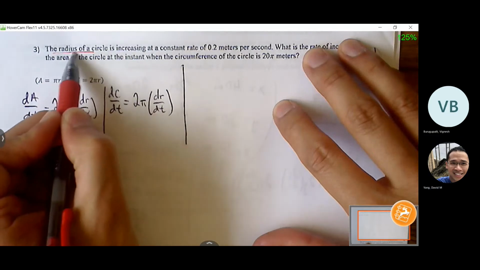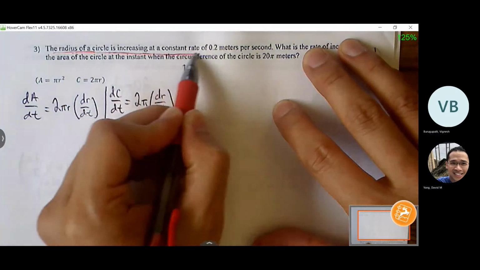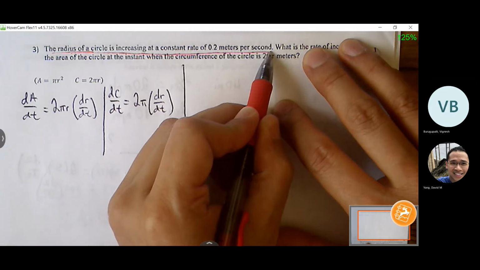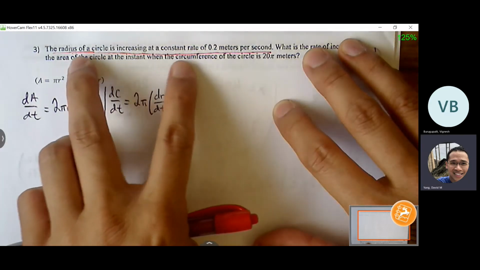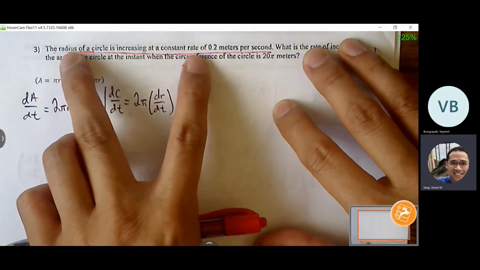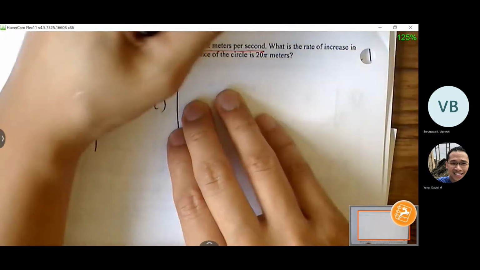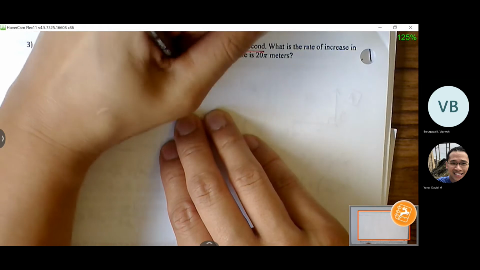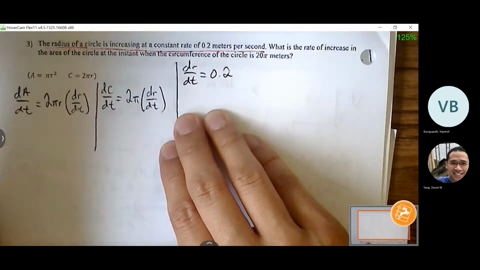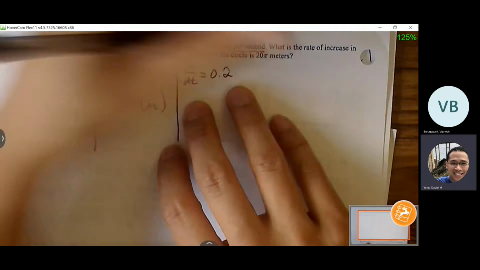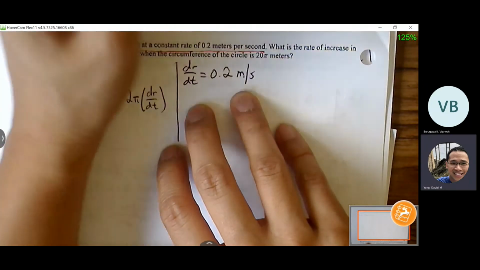It says the radius of the circle is increasing, right? So dr dt. Okay, radius of the circle is increasing, so okay. You see the word increasing, keep it positive.